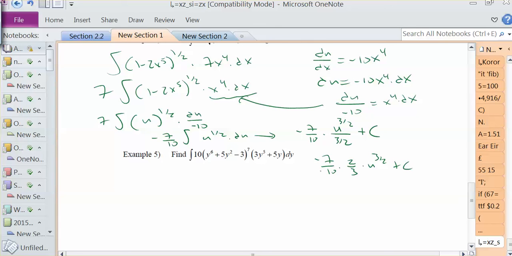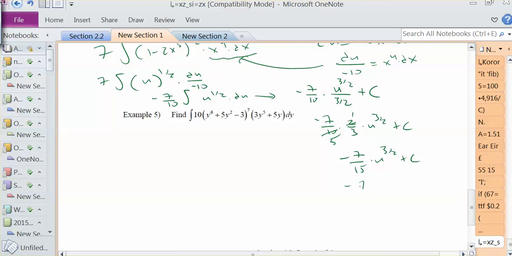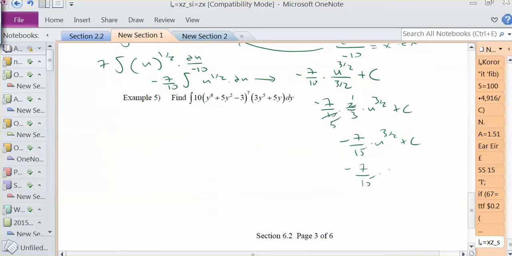If I keep going, negative 7/15 times u to the 3/2 plus c. And of course, u is 1 minus 2x to the fifth. So that would be the antiderivative for 7x to the 4th times square root of 1 minus 2x to the fifth times dx.